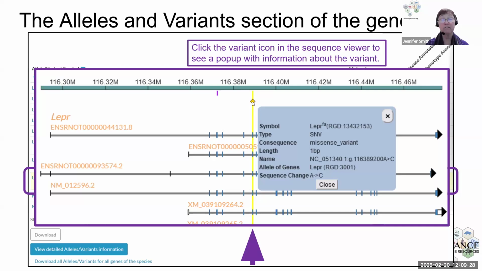If I click on the variant in the sequence viewer, it highlights this variant as it's shown now, and it also will highlight that allele or variant in the table, so you can easily find the information for it in the table. And when you click the variant, it also will bring up an informational pop-up with information about that variant.